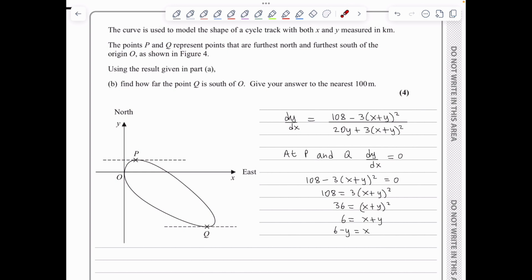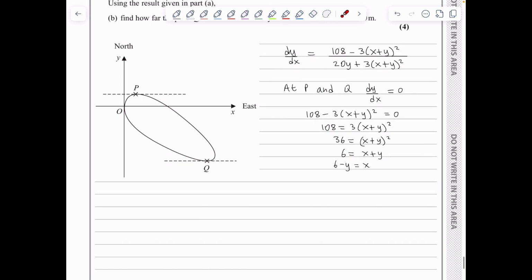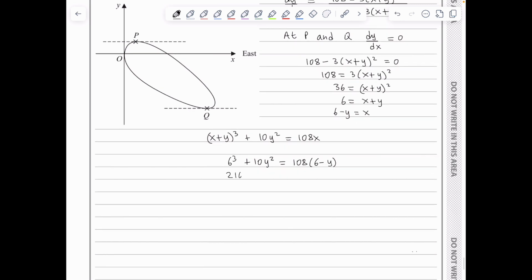We will then proceed by recalling the equation of the curve, and we'll be substituting x being 6 minus y. So first of all, x plus y is simply 6. So we're looking at 6 cubed plus 10y squared being equal to 108 times (6 minus y). So we're looking at 216 plus 10y squared being equal to 648 minus 108y.